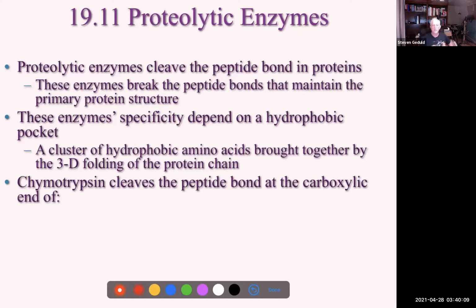Remember, there's an N terminal and a C terminal. Every amino acid has a nitrogen end and a carbon end, so it's all bonded by these NC bonds. Remember, there's N, C, C, N, C, C as it goes across. Chymotrypsin cleaves the peptide at the carboxylic end. So the carboxylic end, that's where it's going to cleave it.